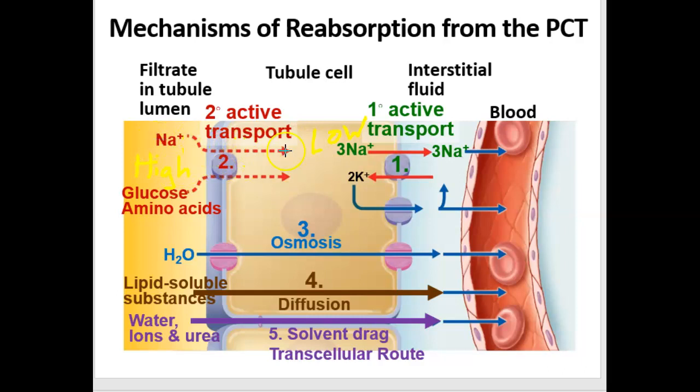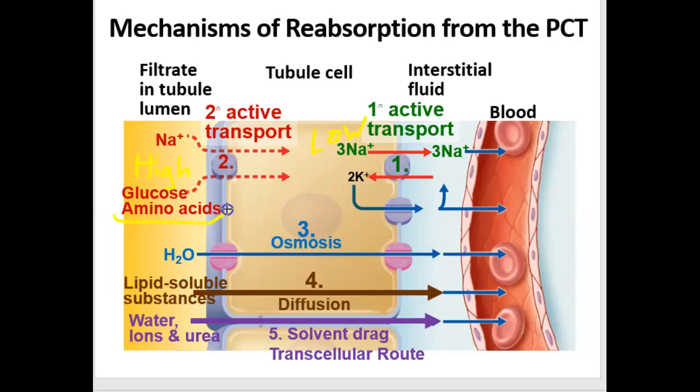That's why we call this secondary active transport. The movement of sodium did not require ATP here at number 2, but it needed ATP to create a gradient via the sodium-potassium pump. When sodium moves down its gradient, it's like providing energy for other substances to piggyback with it. And this is how organic nutrients are recaptured from the tubule fluid.